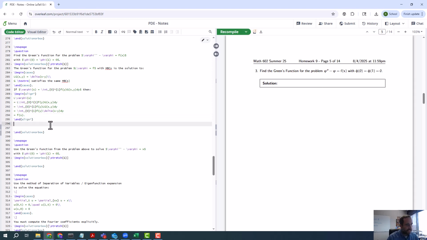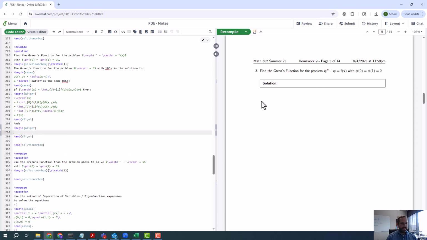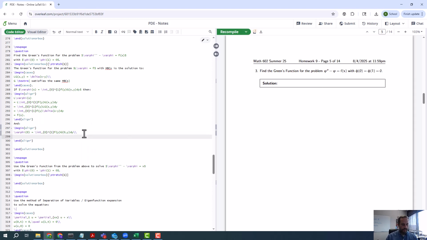So phi satisfies the differential equation, and also, if you look at the boundary conditions, notice what we get. Phi of 0 is going to be this, but where x is equal to 0, so we're going to have a 0 there. And then phi prime of 0.